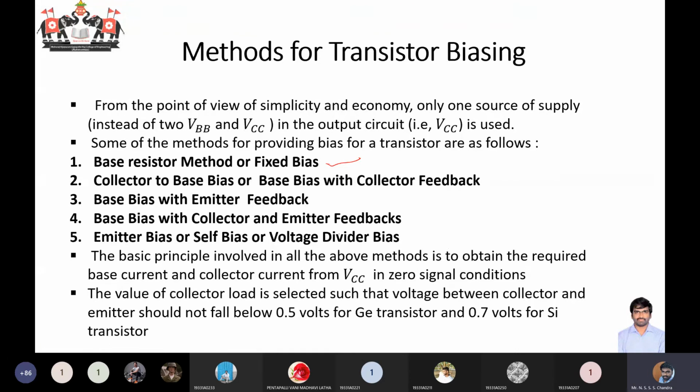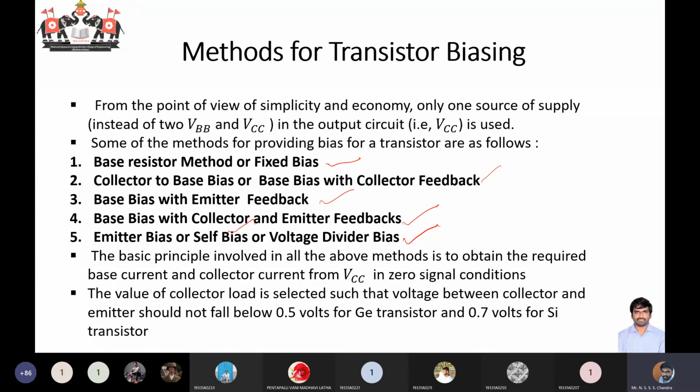The third circuit is called base bias with emitter feedback. The fourth circuit is known as base bias with both collector and emitter feedbacks. And finally, instead of base bias, we have emitter bias, also known as self bias circuit, or popularly known as voltage divider bias circuit.